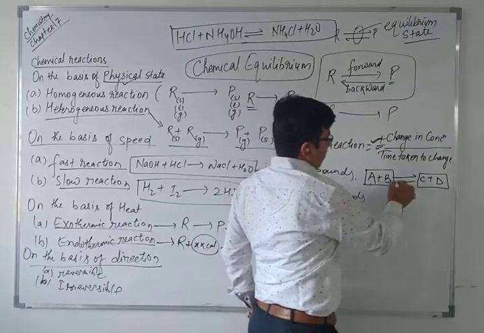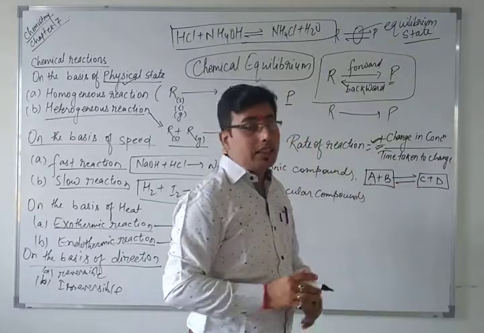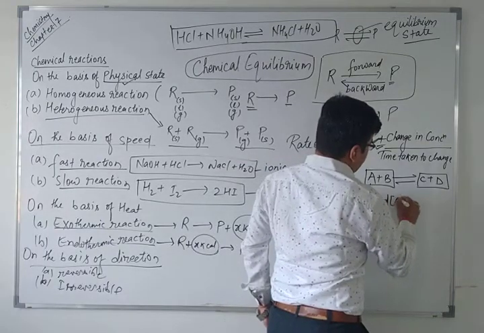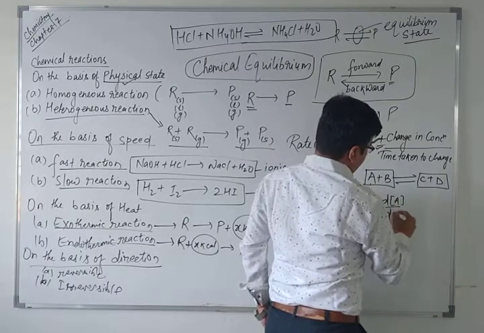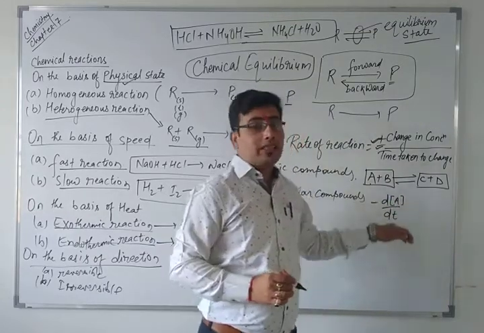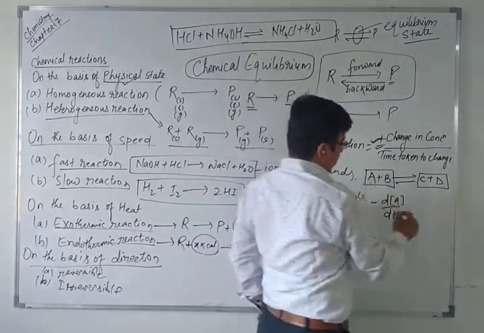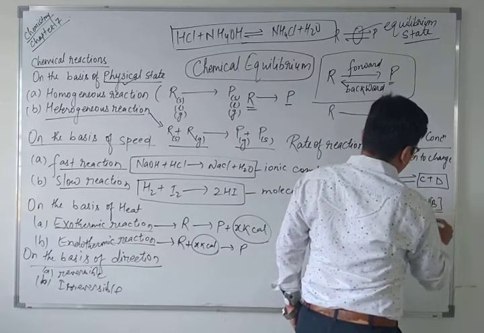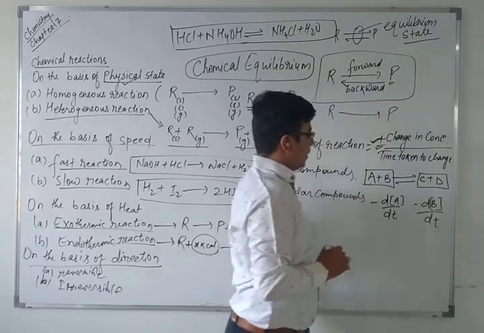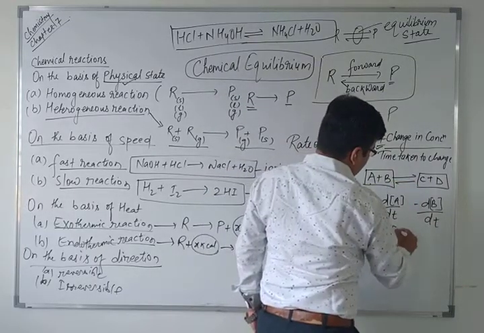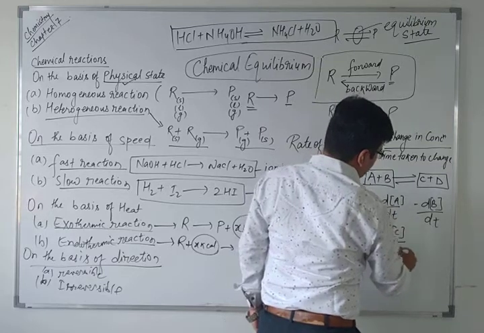In this chemical reaction, the concentration of A is minus dA upon dt, meaning time taken to change, and the concentration of the reactant decreases. For B also, there will be minus dB upon dt. On the product side, there will be plus dC upon dt and plus dD upon dt.